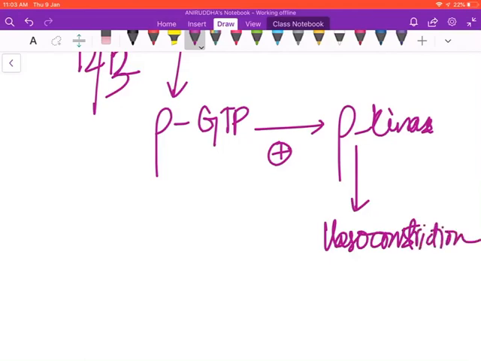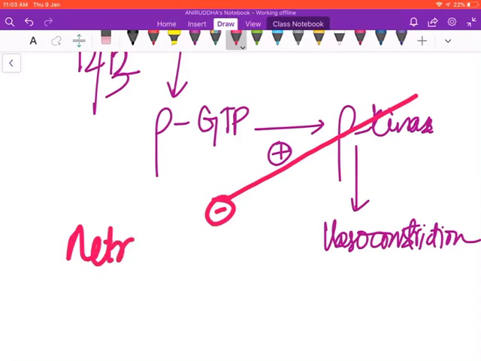This pathway is now being targeted by various drugs for the treatment of glaucoma and angina. There is this drug called netarsudil, which is a Rho kinase inhibitor, and is used in the treatment of glaucoma.